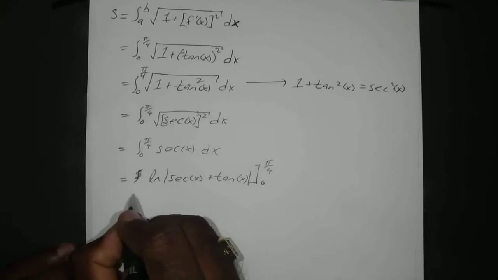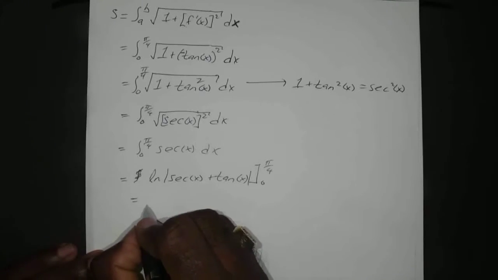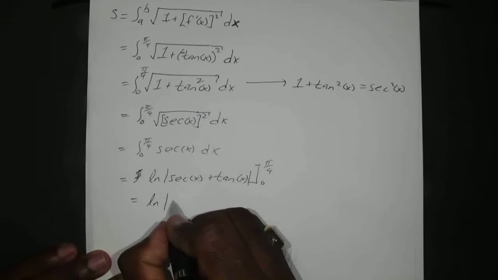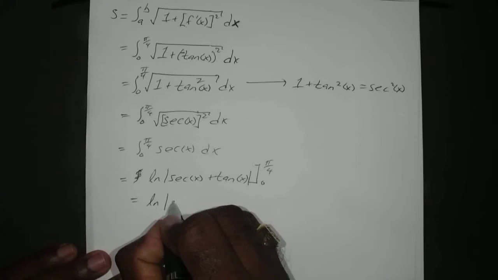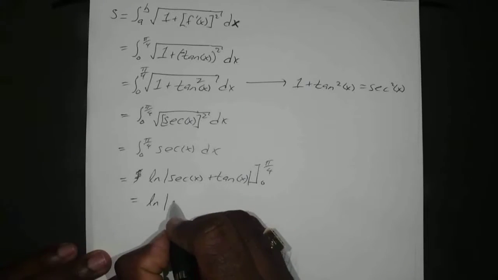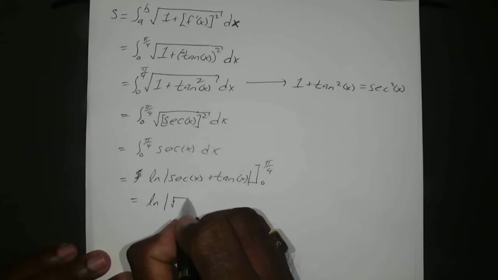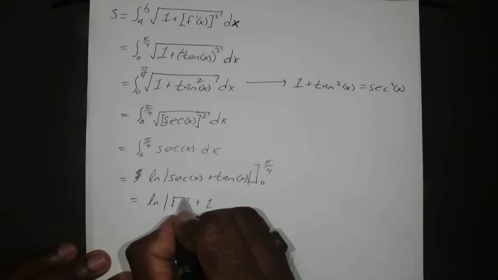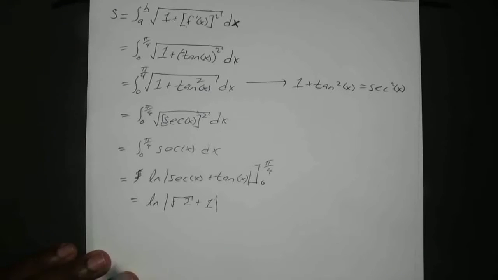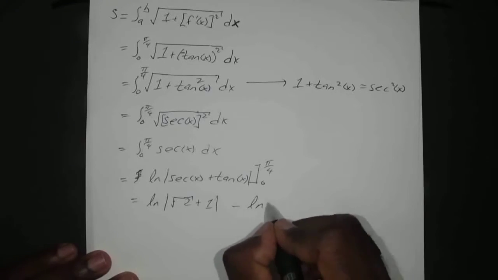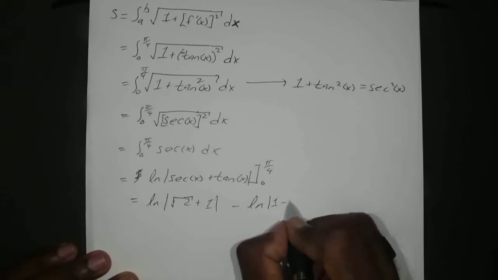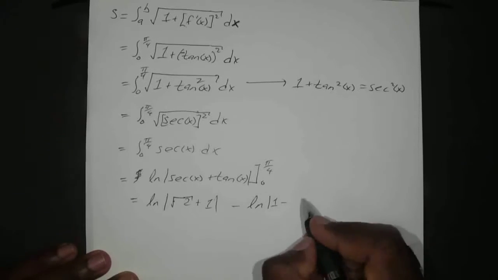Okay, so if we plug in our pi over 4, you have the natural log of secant pi over 4, which is square root of 2, plus tangent pi over 4, which is 1, minus the natural log. If you plug in secant of 0, that's equal to 1, plus tangent of 0, which is 0.